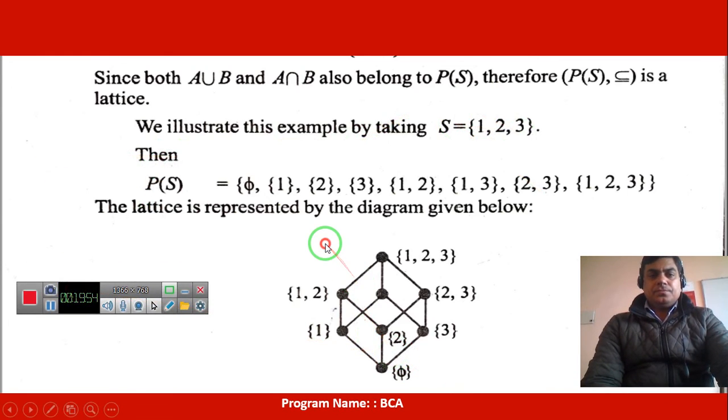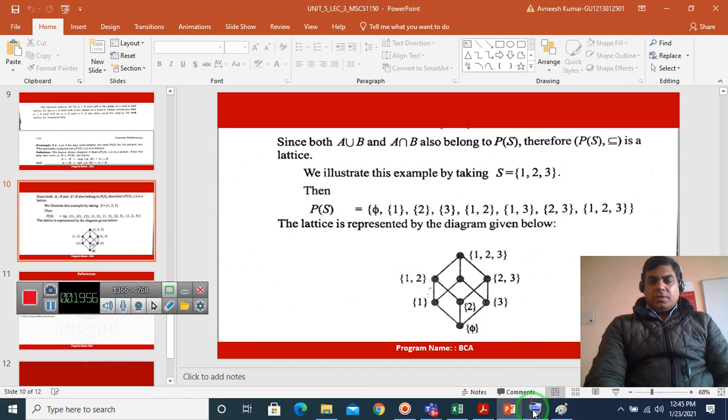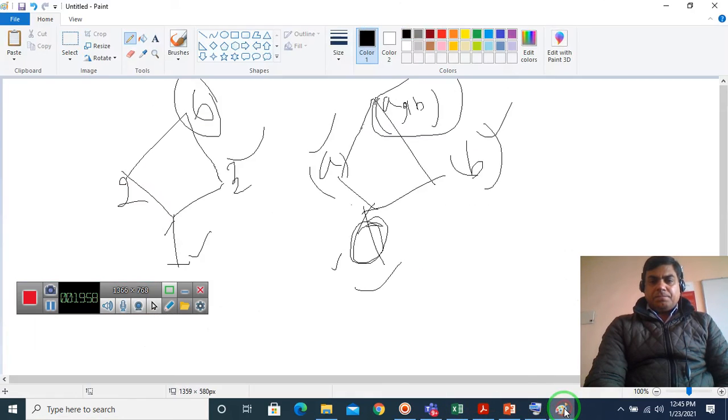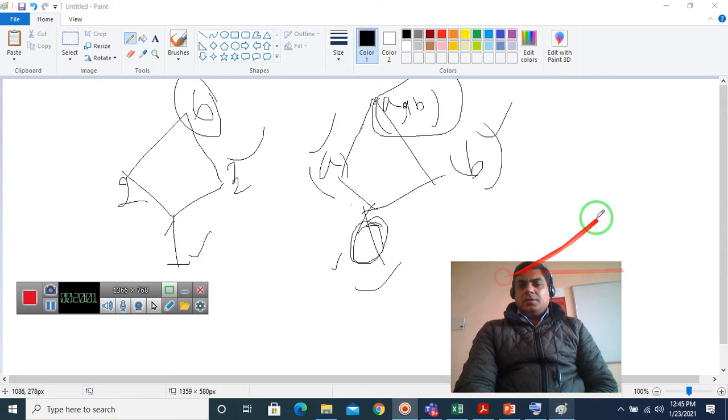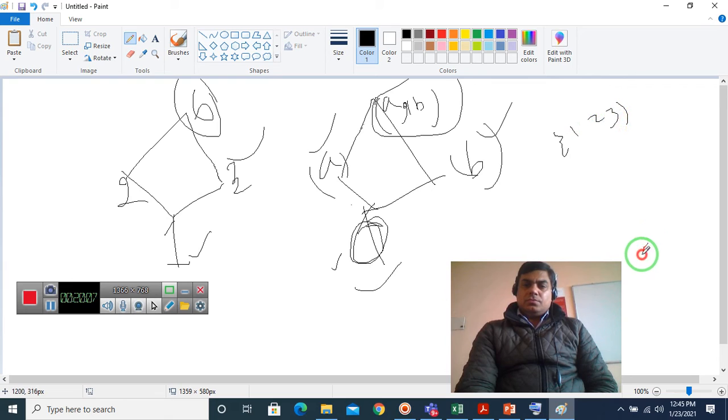If we have the set 1, 2, 3, there should be the power set.